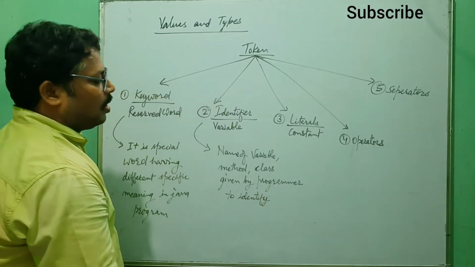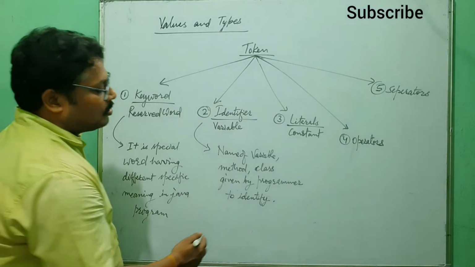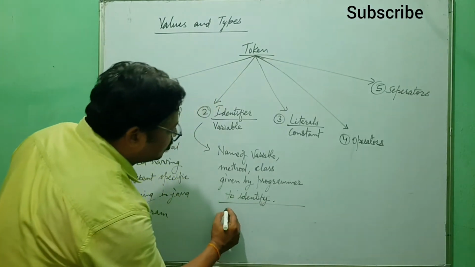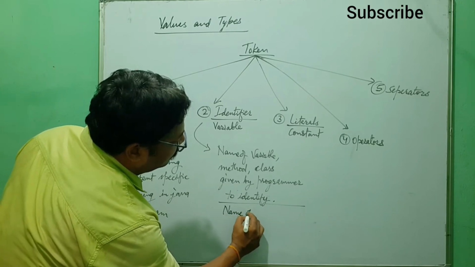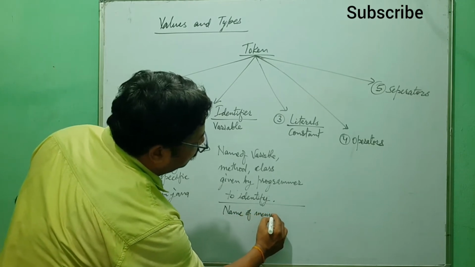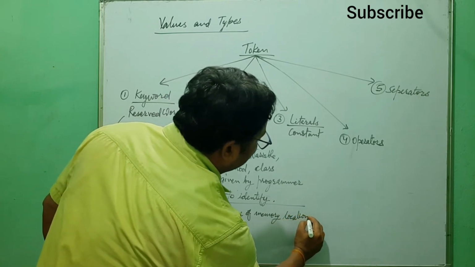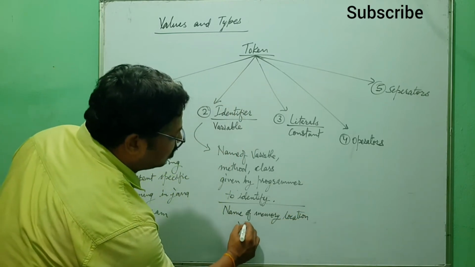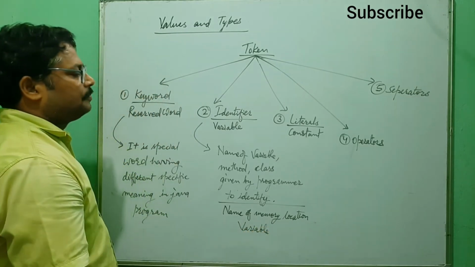Clear? And you can also say this is the name of a memory location. In which situation will it be the name of a memory location? In the variable situation, when you are using that variable.